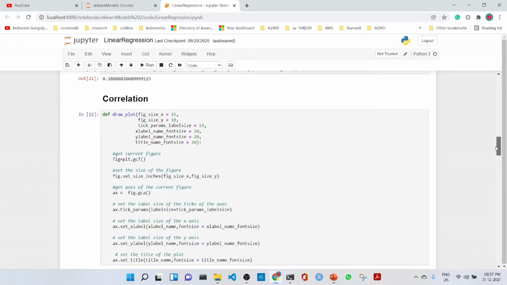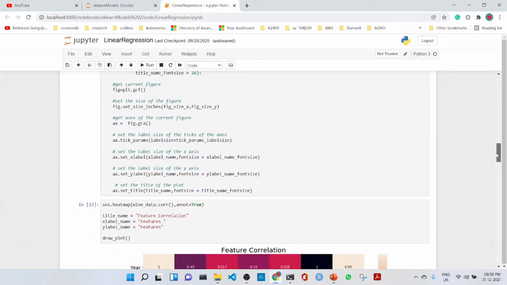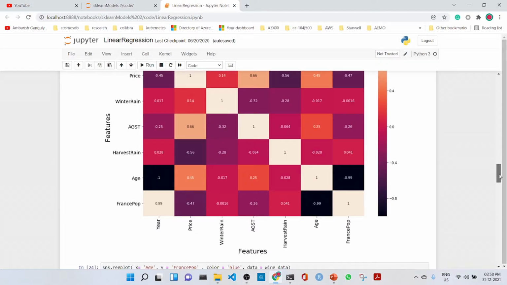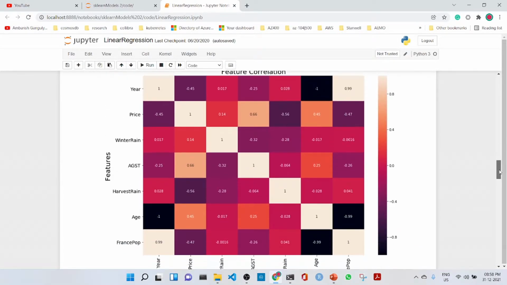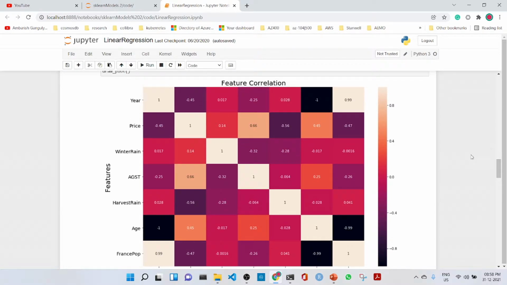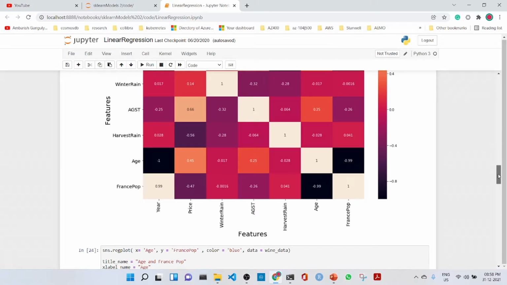We also will look into the correlation between the different variables. Here, this is a correlation map, and we find what the correlations between the variables are. So, the lighter ones are highly correlated variables, and the darker ones are the negatively correlated variables.